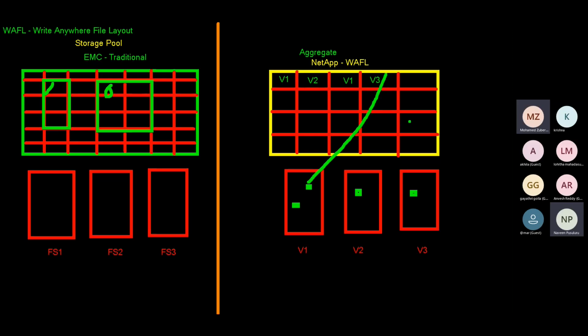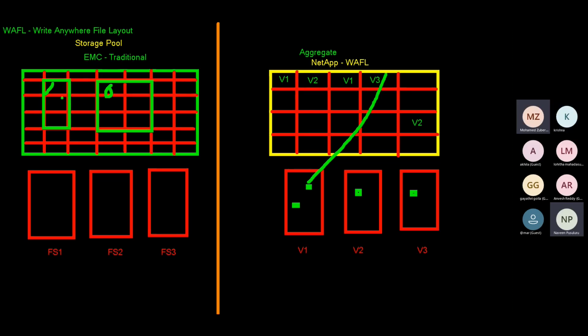Randomly, if it finds a free block here, it will write the data here, like that. It will not look for a particular pattern or a particular result. Wherever it finds a free block, it will write the data there. That's it.